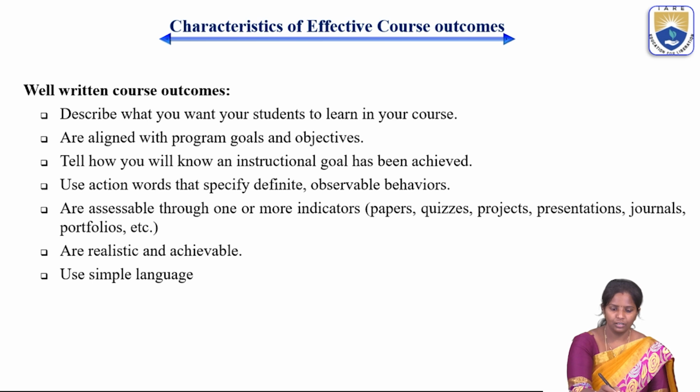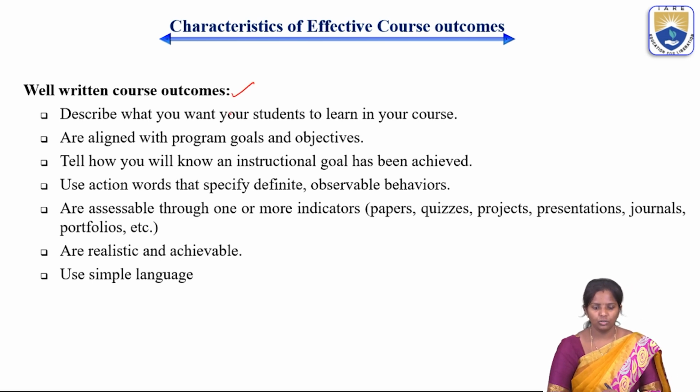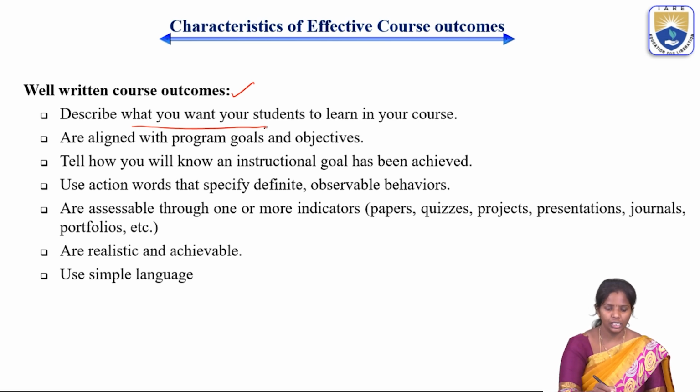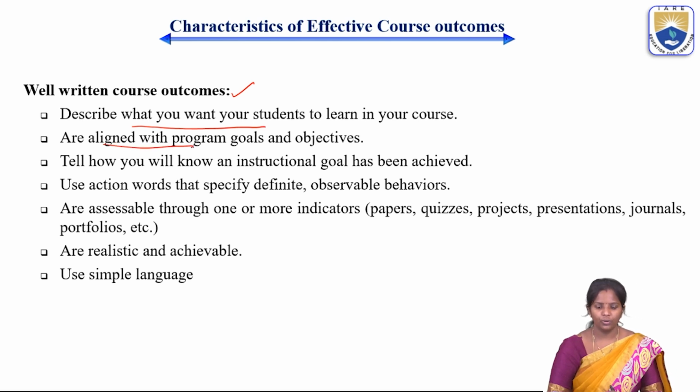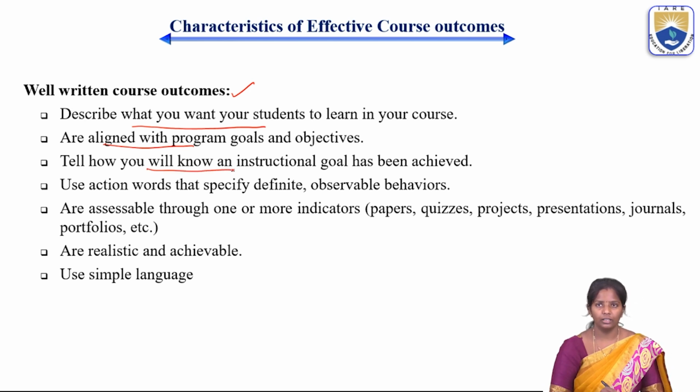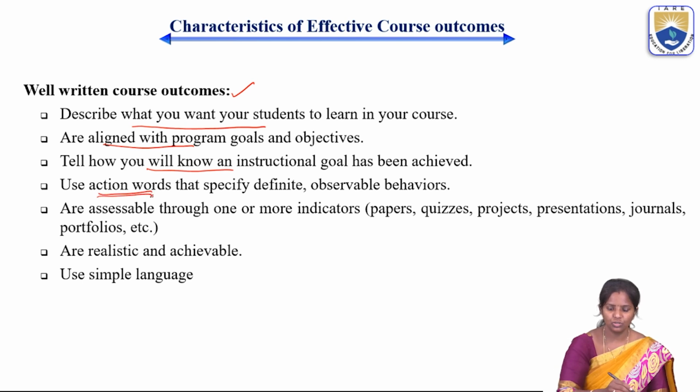So this is how well-written course outcomes will be. They describe what you want your students to learn in a course, and are aligned with program goals and objectives. They tell how an instructor's goal has been achieved. They use action words that specify definite, observable behaviors.